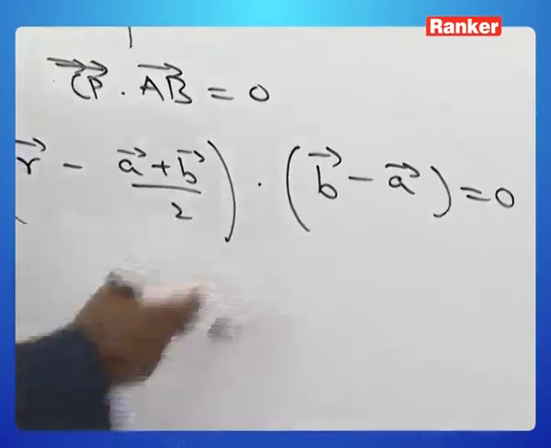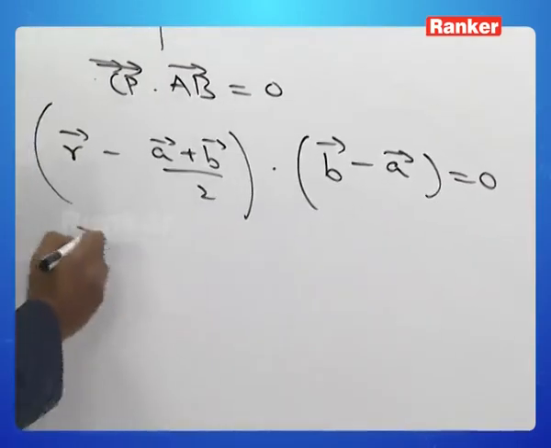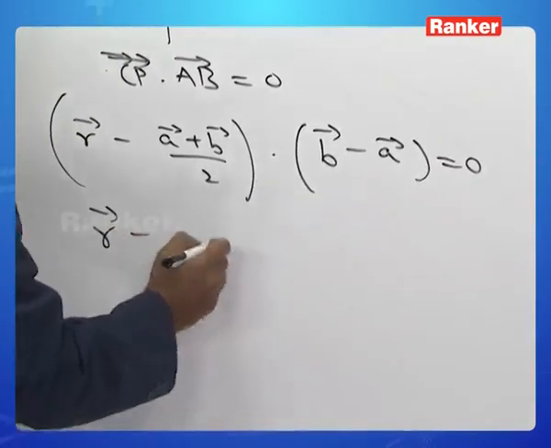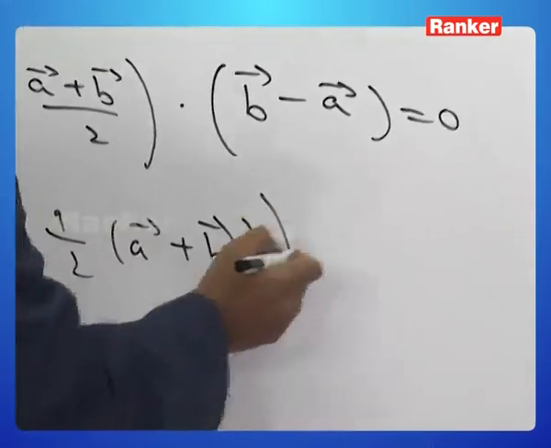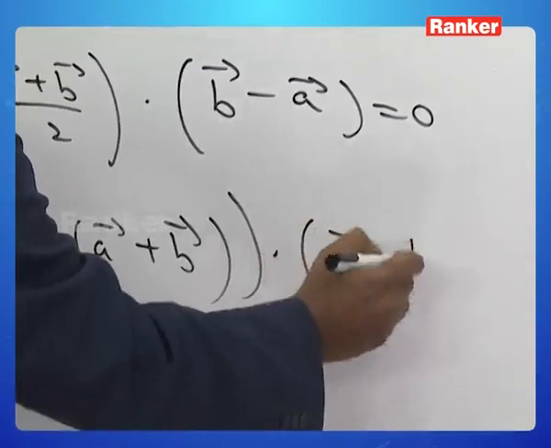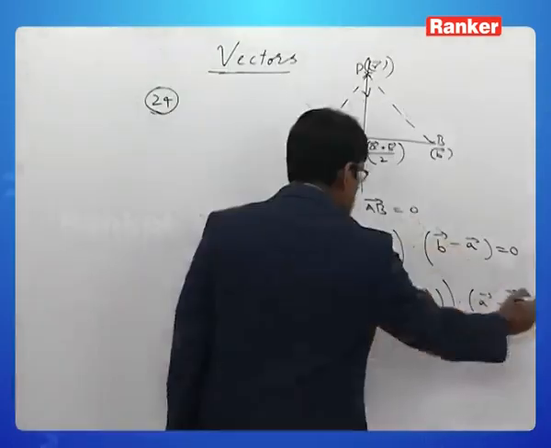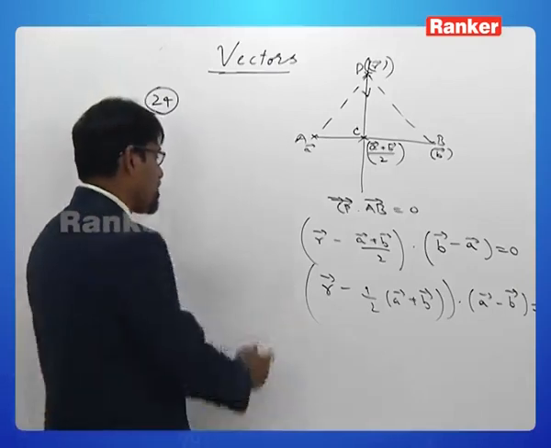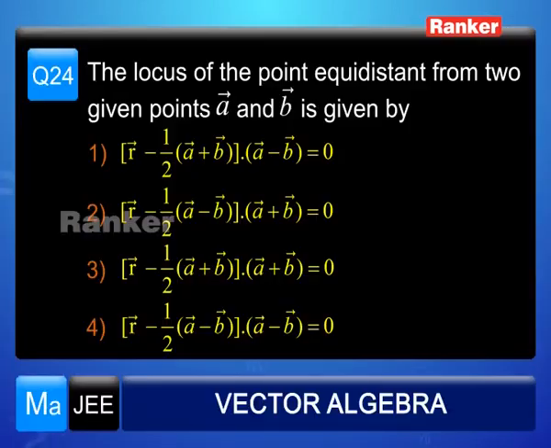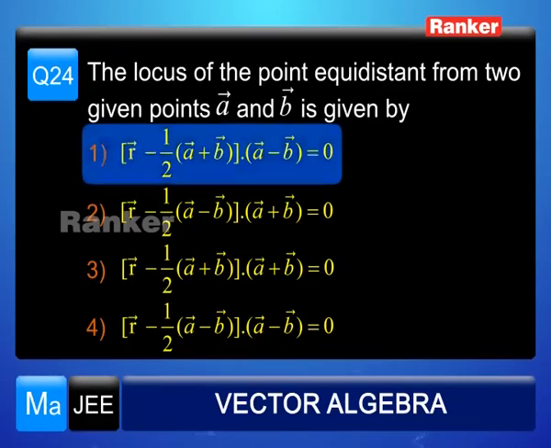Whether it is A bar minus B bar or B bar minus A bar, we can even write it as R bar minus half of (A plus B) dot product with (A bar minus B bar) equals 0. So this R bar, a general point on the locus, will have to satisfy this equation, and clearly option 1 is the right answer.